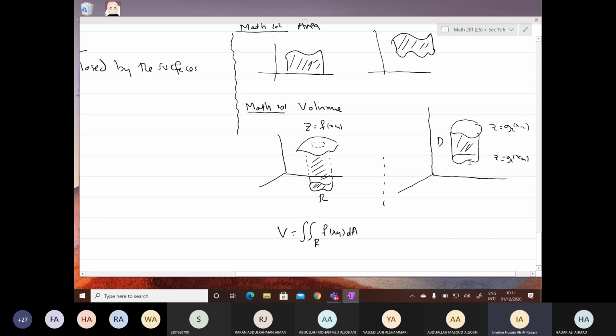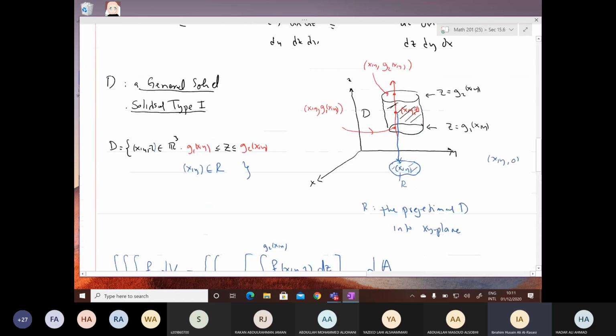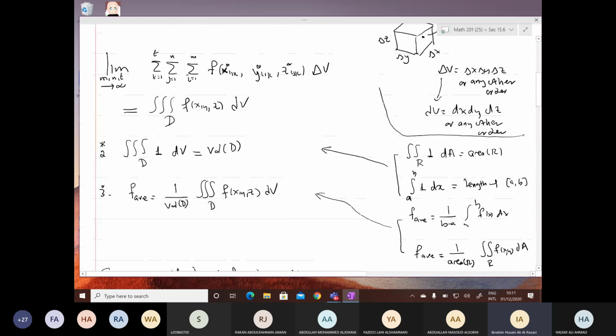Here in this case, it is better to use a triple integral over D of 1 dV. That is, we will use the second formula above. Notice here, the volume of D is the triple integral of 1.